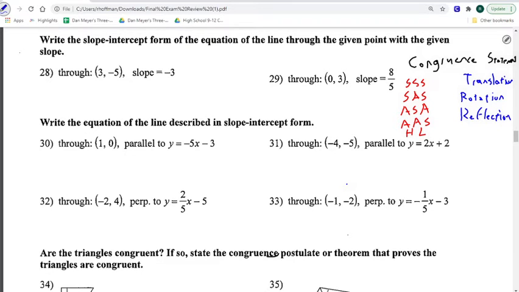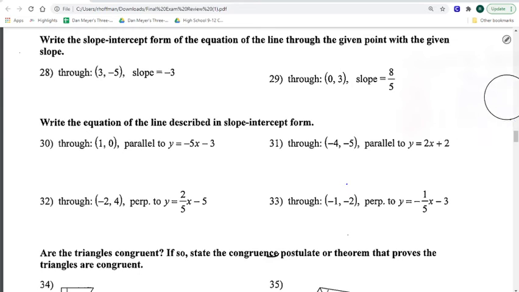And you should be able to tell that by looking at the diagram. Those are kind of the main things that we talked about in the chapter before we started looking specifically at proofs. So those are the things and types of problems that we are going to look at here.